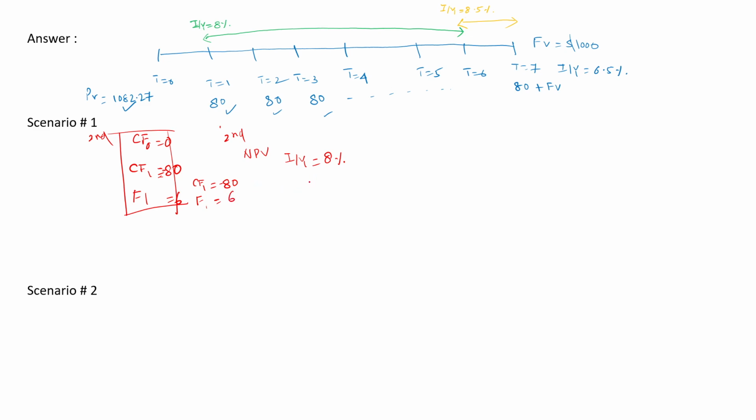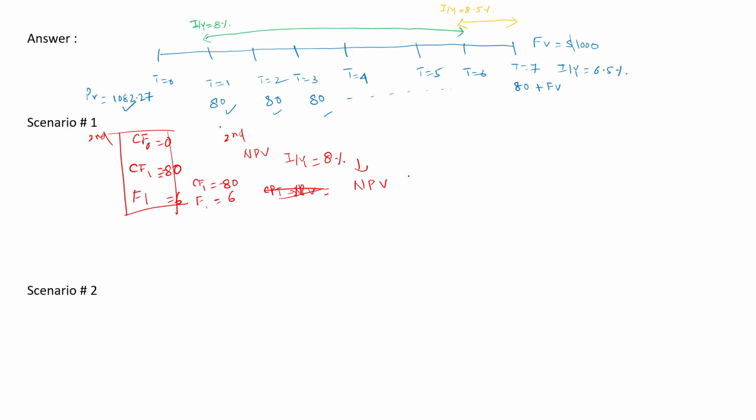And we put this as the I/Y, and then we go on to press CPT, PV. Sorry, just press the down key. Once you've done this, just press the down key, and then first it will give you the NPV option.